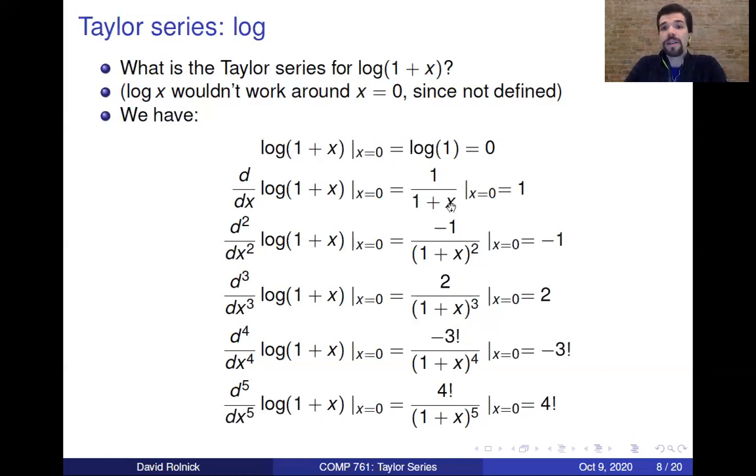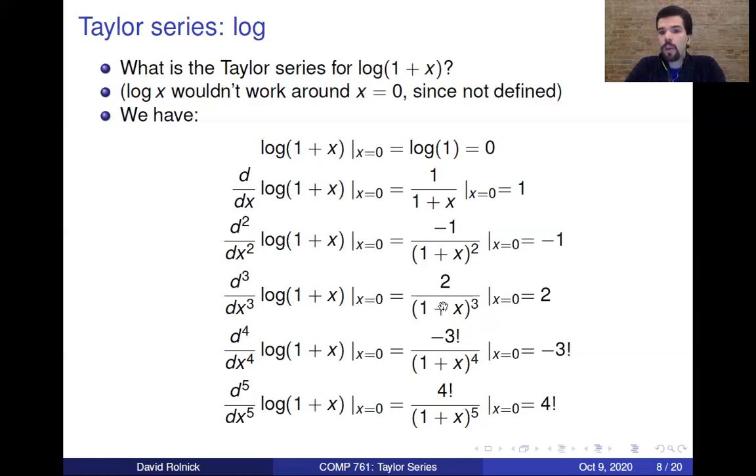Same thing. In order to get the derivatives of 1 over 1 plus x and so on, we can just use the chain rule again. So we have here -1, which is the exponent. This is 1 plus x to the -1. So to get the derivative of it, we get 1 plus x to the -2 times -1. To take the derivative of that again, we have 1 plus x to the -3 times -1 times -2.